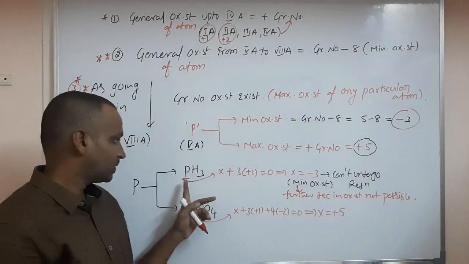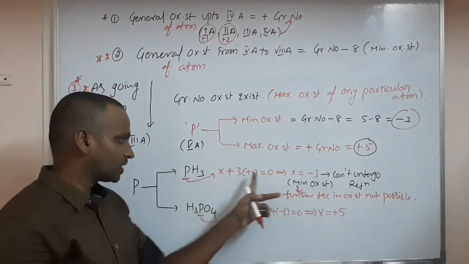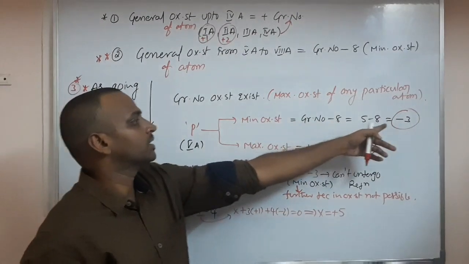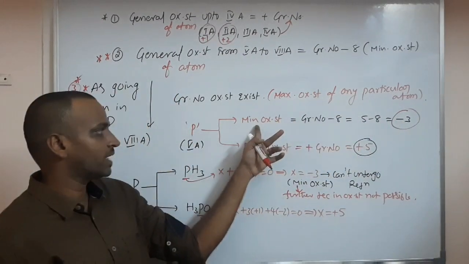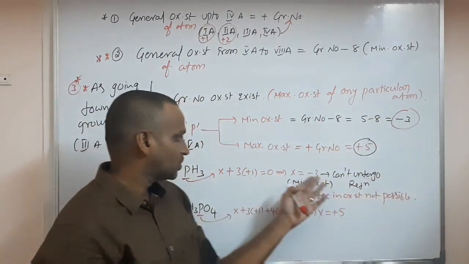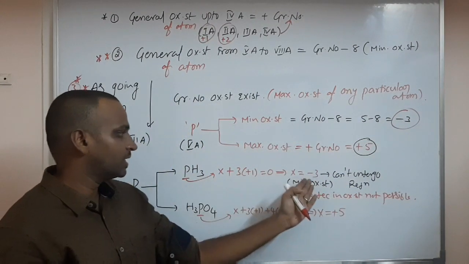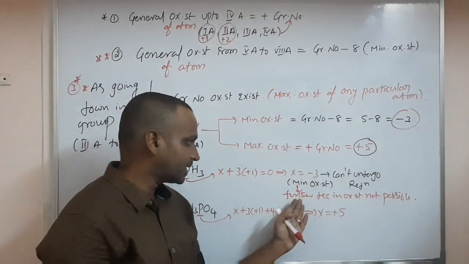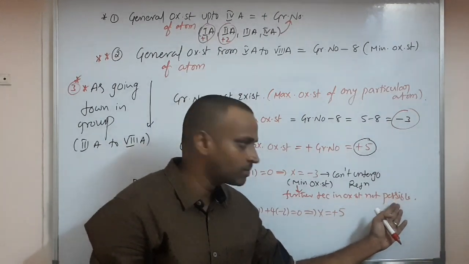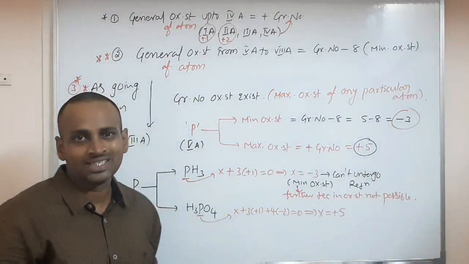So I repeat, in PH3 phosphorus oxidation state is -3. -3 means that is already the minimum oxidation state. Phosphorus minimum oxidation state is already -3. So in PH3 phosphorus is -3, so it has the minimum oxidation state. So further decrease in oxidation state is not possible, so it cannot undergo reduction.